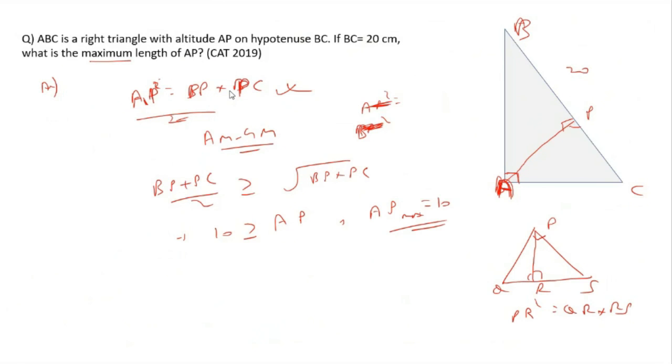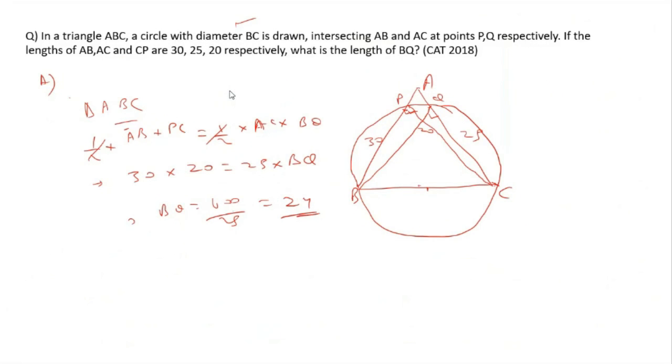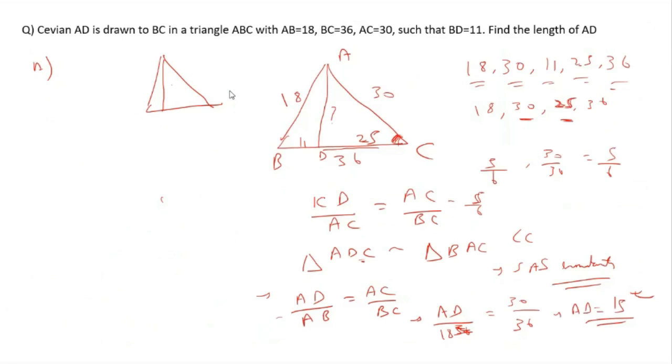Maximum length is AM-GM. The result from a 90-degree vertex to the perpendicular, if you draw it, is fairly important. And then this was very simple, just equating areas basically. This was a tricky question because it is hard to spot the similarity proportionality, but once you do, it ends there.